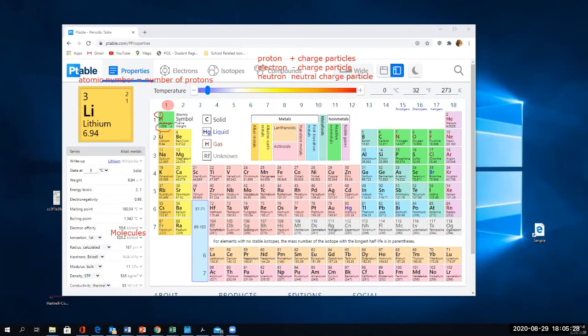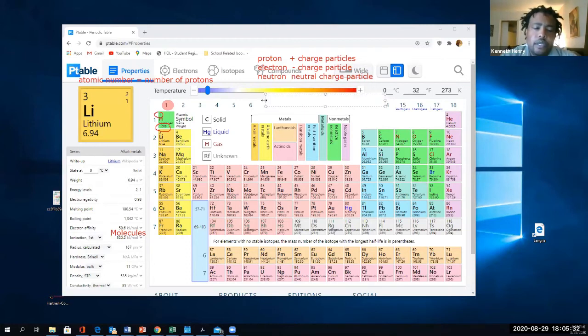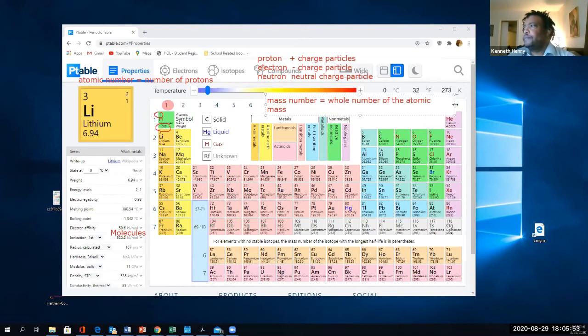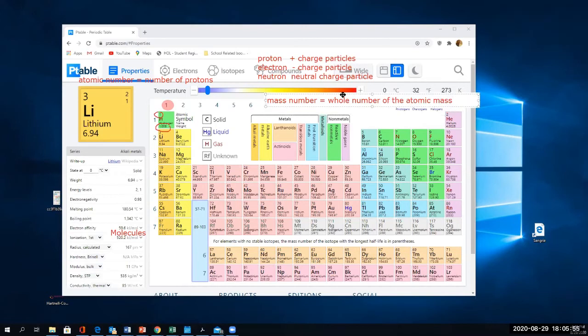Let me explain this in a little more detail. Our mass number is going to equal the whole number of the atomic mass. You guys know what I mean by a whole number? Like 10, 20. Okay.